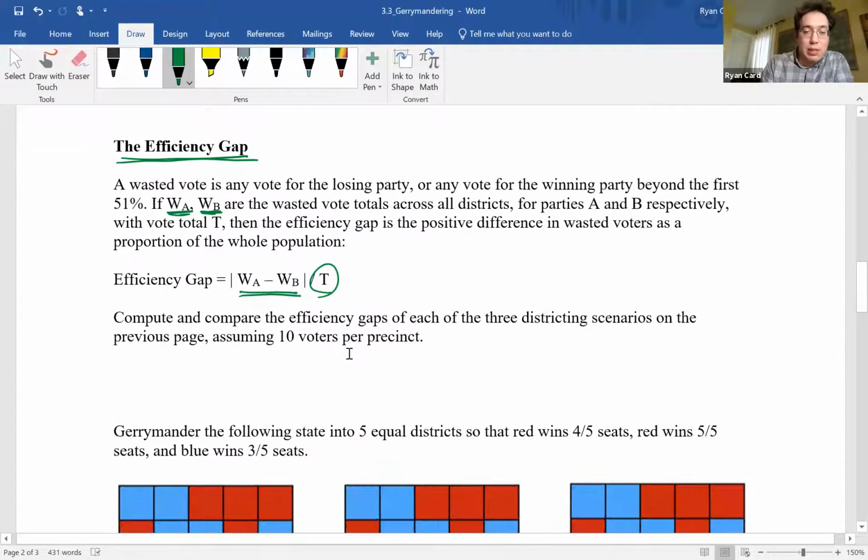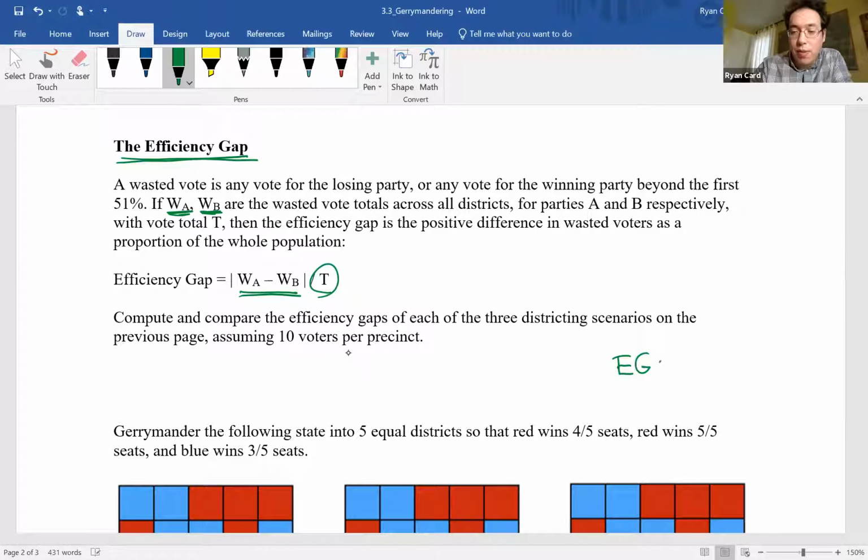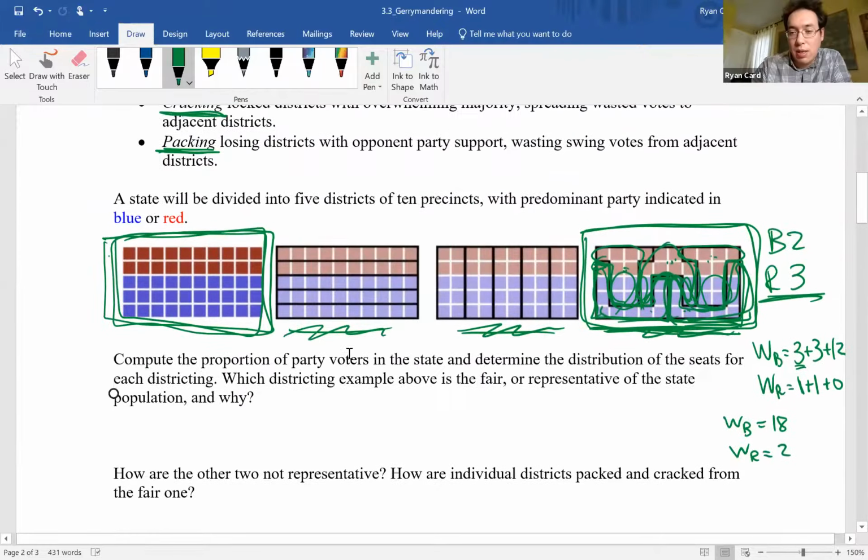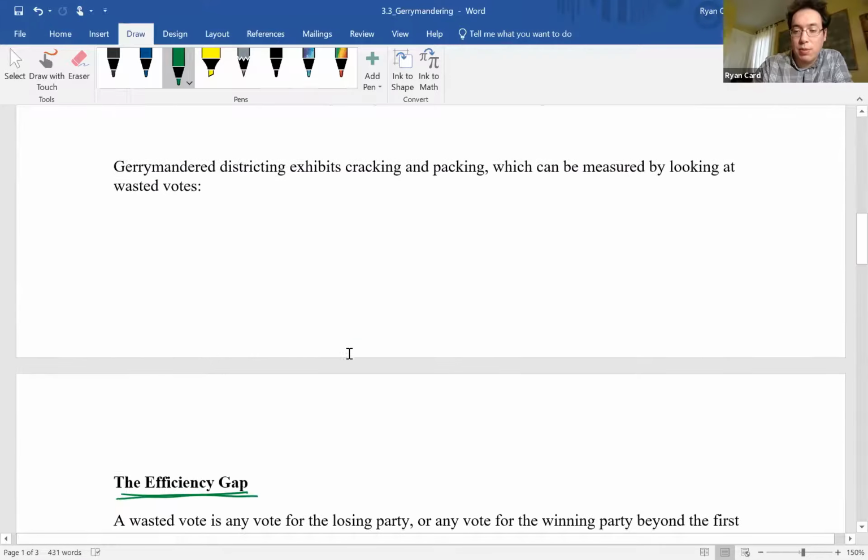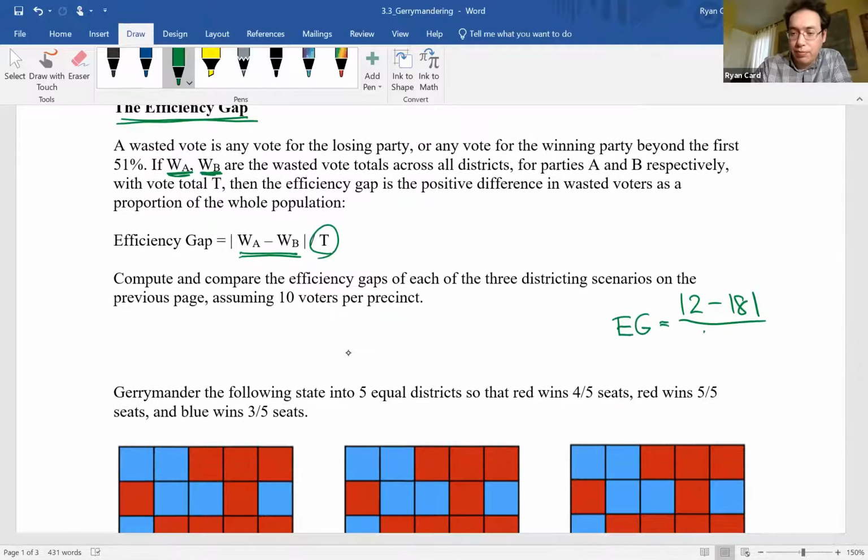Okay, so looking at the formula, the efficiency gap for the third districting was the wasted number for the A side, 2, minus the B side, 18, all divided by the total number of votes. There were 50 squares, 50 votes total. So 2 minus 18 is negative 16, but the absolute value makes it 16 over 50.